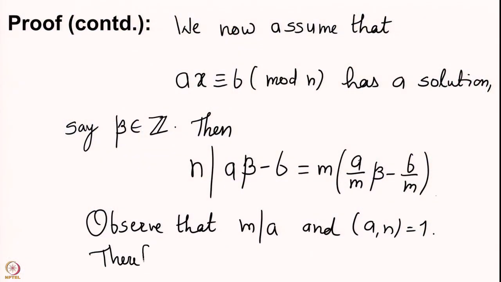So, there is no common divisor, in particular there cannot be any common prime divisor, and here M is a divisor of A. So, the prime factors of M are nothing but the prime factors of A. So, what we get is that the GCD of n and M is also 1.